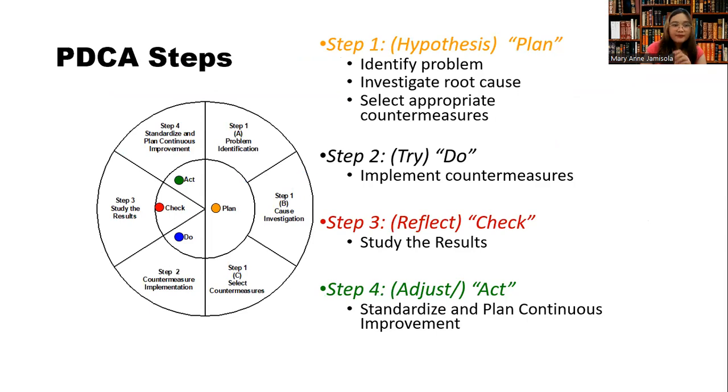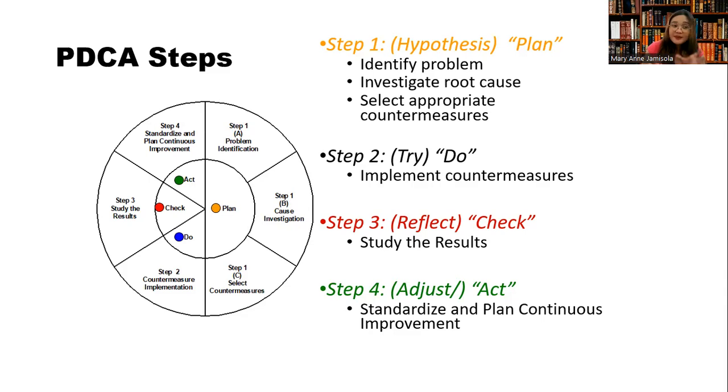So step one, this is under plan. If you notice, the planning phase actually takes up a lot of our time. Before we do something, we need to plan it out. And under P, we have three sub steps. Again, step one is to hypothesize. This is referring to the planning phase.